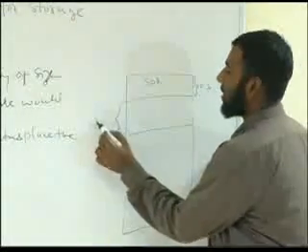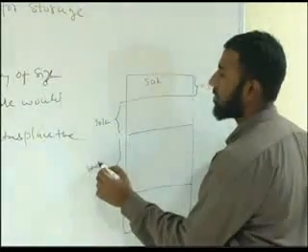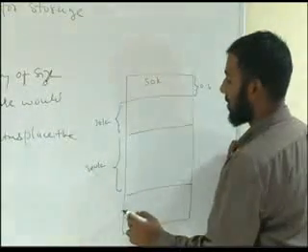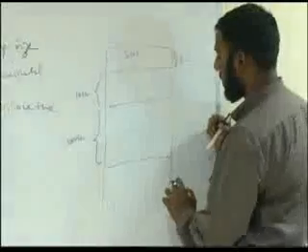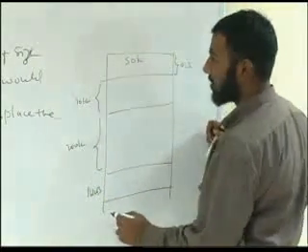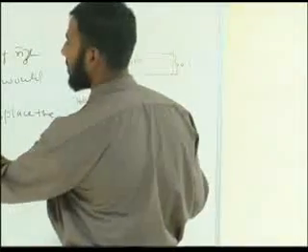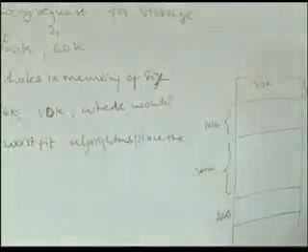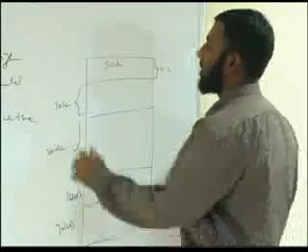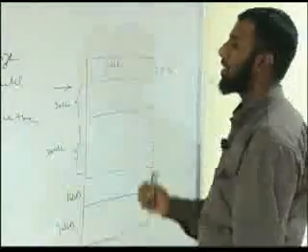Here I have 30 kilobytes, and next I have a 200 kilobytes partition. Then I have 16 kilobytes. Then I have 30 kilobytes.